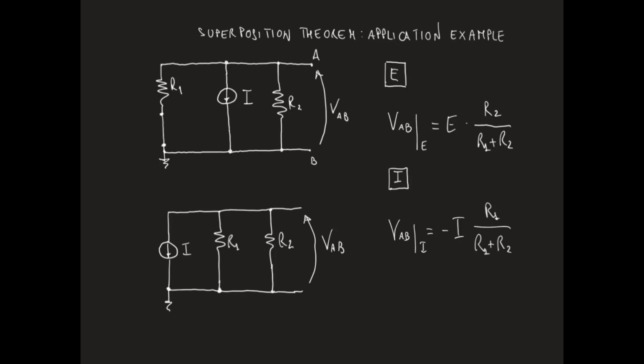The minus sign in the expression comes from the passive sign convention. Actually, the current I subdivides into two currents, I1 in R1 and I2 in R2, and in particular, I2 flows through R2 from the terminal at the lower potential to the terminal at the higher potential.